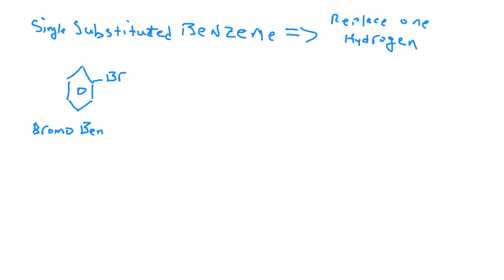Now notice it doesn't matter where I put it. If I have only one bromine, every corner is the same. So I could have the bromine here, this is also bromobenzene. And if I had it here, also bromobenzene. They're all the same. It doesn't matter where you put it when you have one substitution.